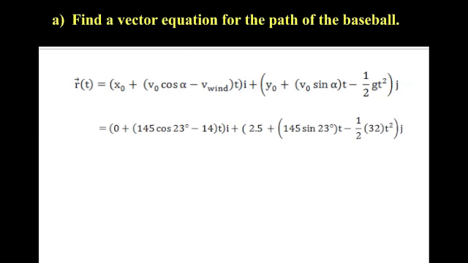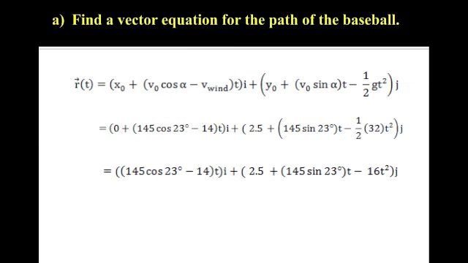So you plug in all the given values into this formula, and the final position vector becomes (145 cosine 23 degrees minus 14) t i plus (2.5 plus 145 sine 23 degrees t minus 16 t squared) j.